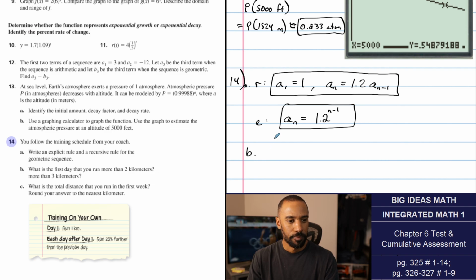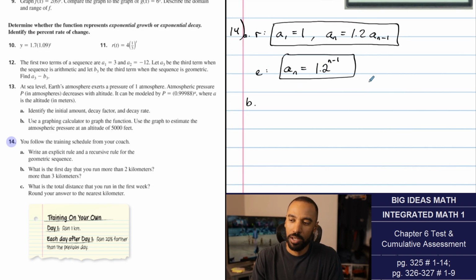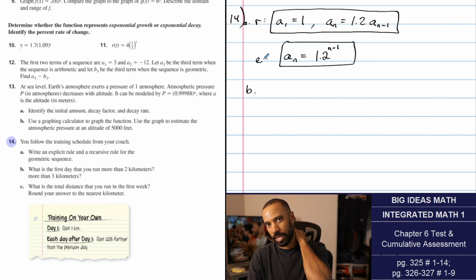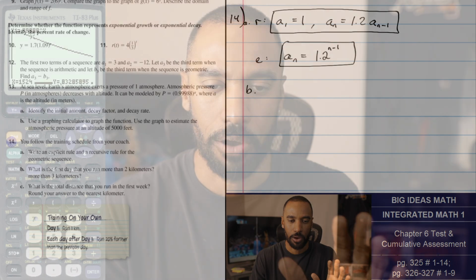Part B, what is the first day that you run more than 2 kilometers, more than 3 kilometers? Well, I don't know if they want you to do this using the calculator. I'll use the calculator for the equation, but I don't know if we're trying to solve an exponential equation using the calculator or what.